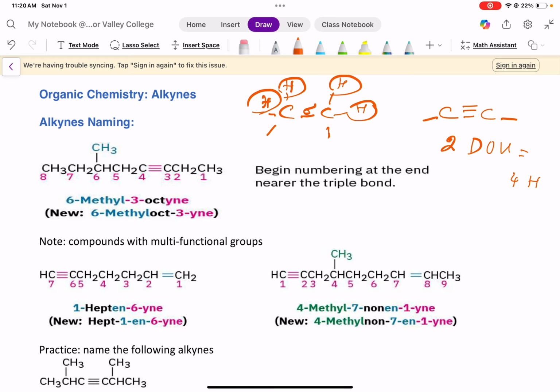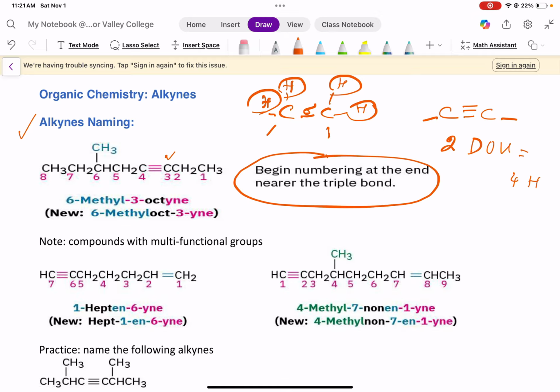All right, everyone, let's start with naming. This is the fun part, right? Again, similar logic. We have to number the carbon on the end that's closer to the triple bond. Okay, here we go. 1, 2, 3. You got the first carbon of the triple bond.